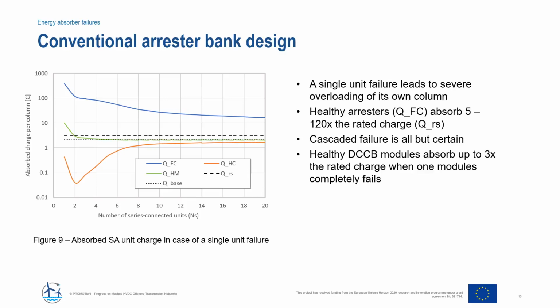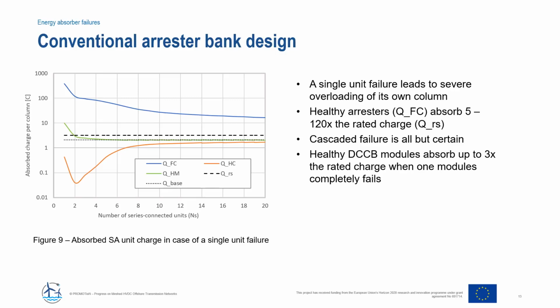The dotted black line is the best case for charge absorption, where all is healthy, and the dashed black line is the rated charge absorption of the arresters. The failure of one single arrester unit increases the charge absorption of that column by between 5 and 120 times. In such circumstances, the cascaded failure of the whole column, and therefore the whole module, is all but certain.